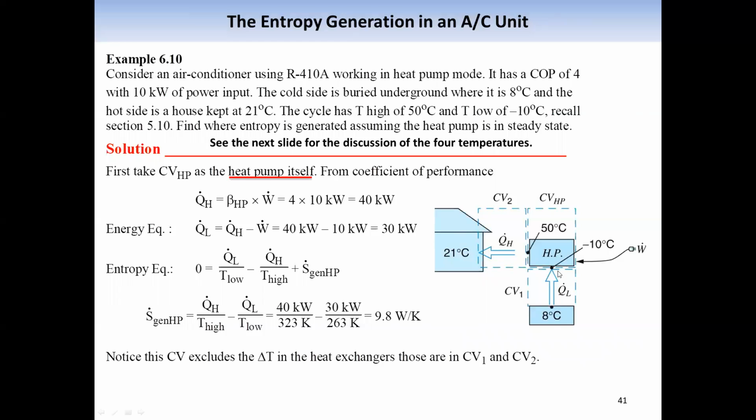In the analysis of the second control volume, the control volume has contact with the heat pump on one side and with the high temperature reservoir on the other side. For the heat pump, the fluid is running in a cyclic process.